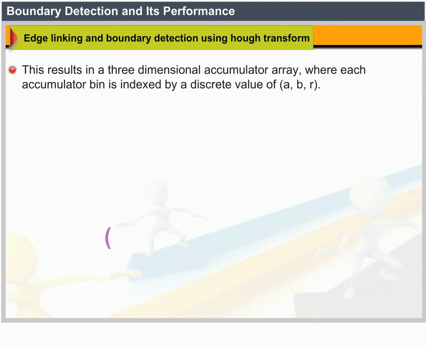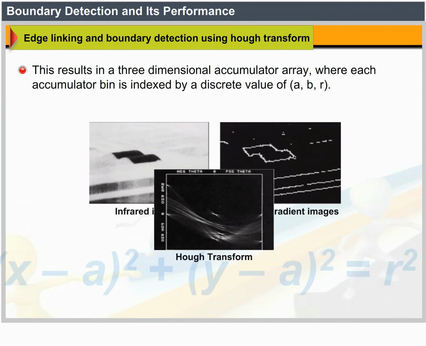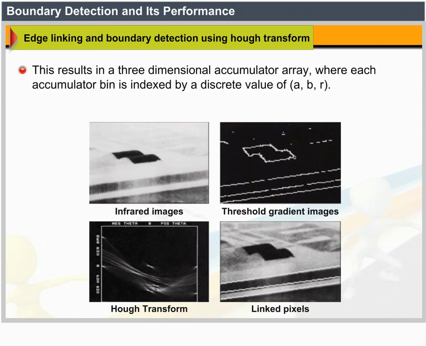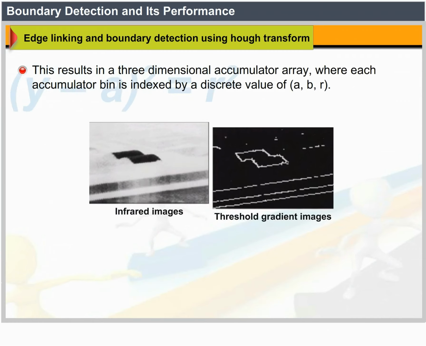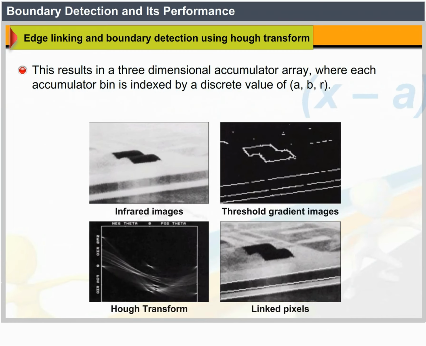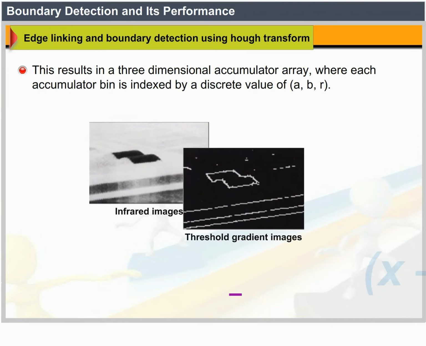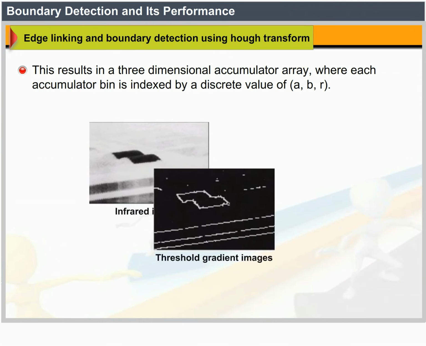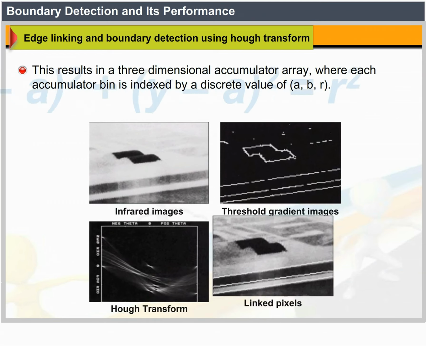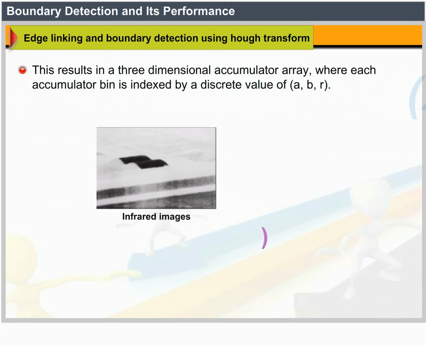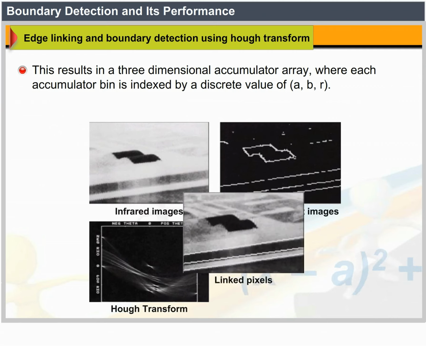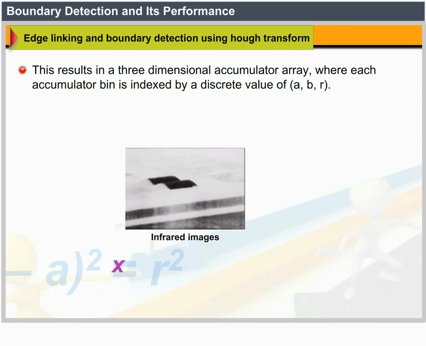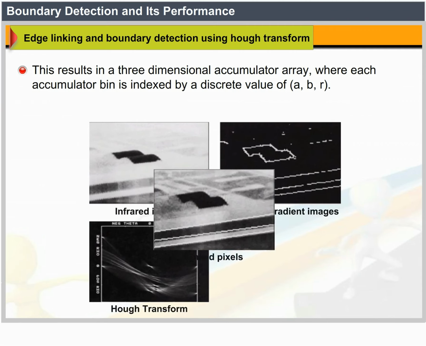This results in a 3-dimensional accumulator array where each accumulator bin is indexed by a discrete value of a, b, r. The figures show the illustration of the Hough transform. In the figures above, A represents infrared images, B threshold gradient images, C Hough transform, and D linked pixels.